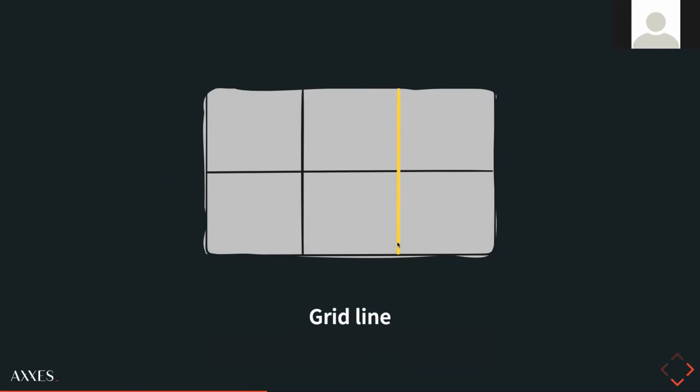This one is a vertical one. You also have horizontal lines. A grid track is the space between two lines. This one is between two horizontal lines, but you have a track like this one. It's a vertical track.